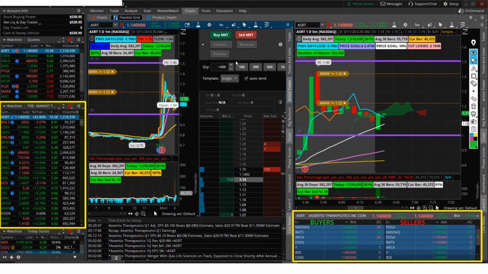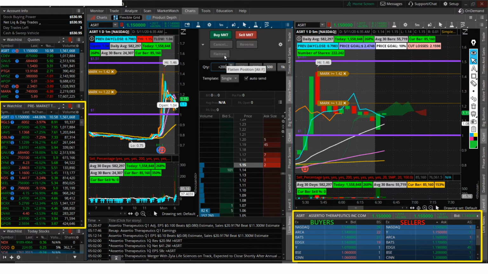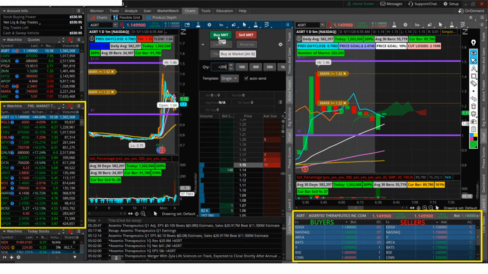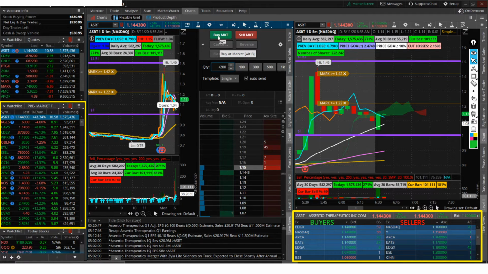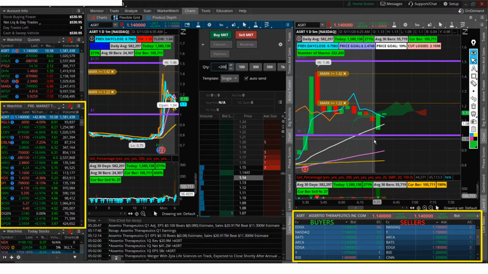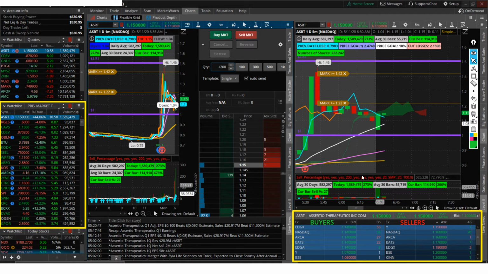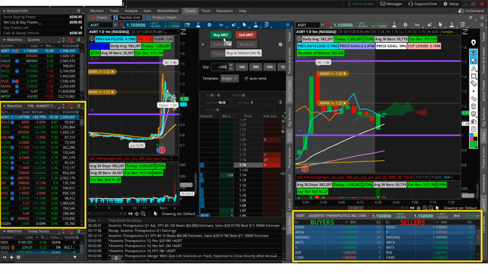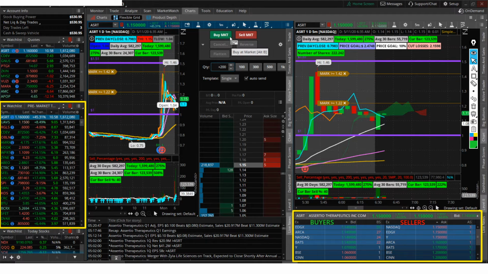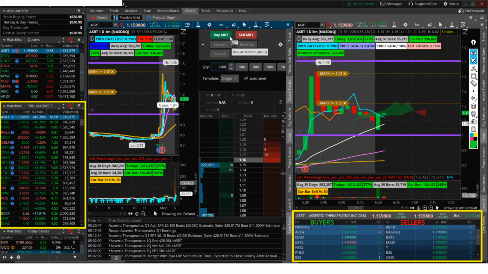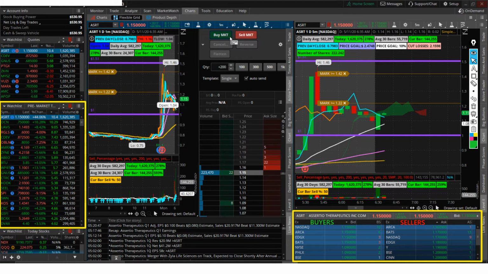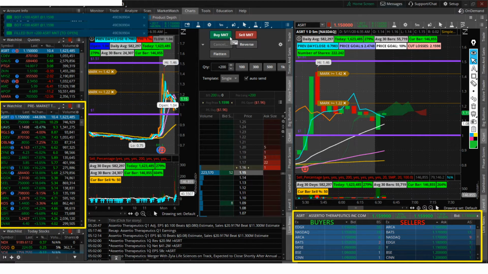Anything I were to get, a 200 position, we'll get 200 shares at first, but I'm seeing a lot of pressure right there, $1.15. Volume for today 1.6, and there it goes, $1.17, $1.15.98.